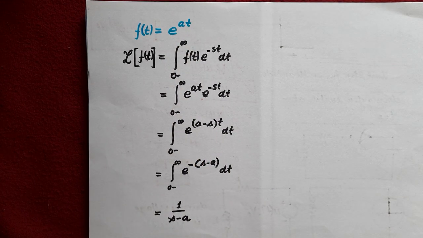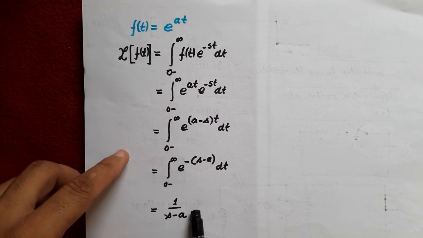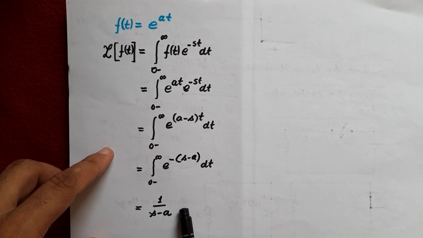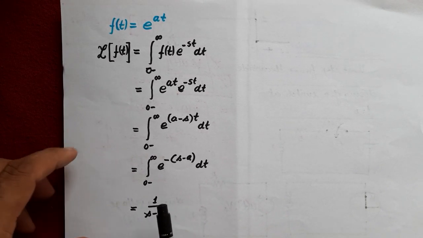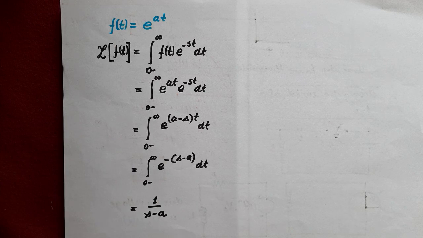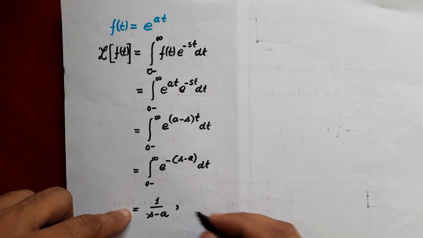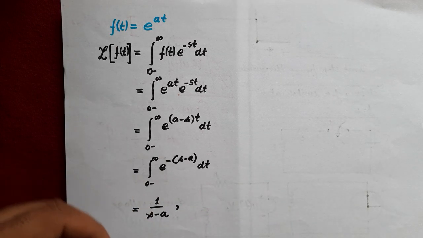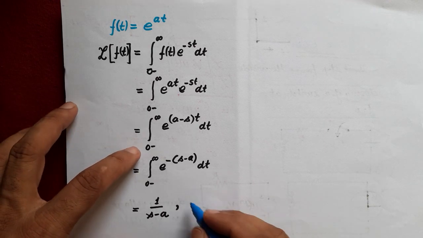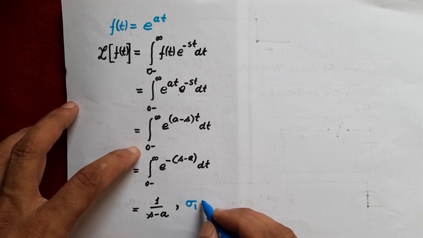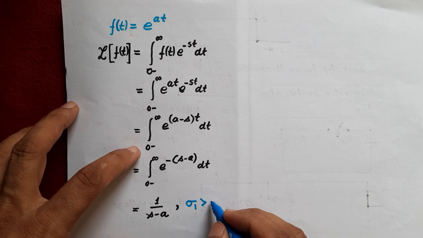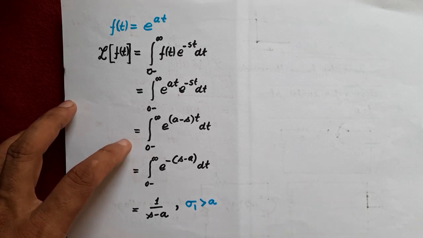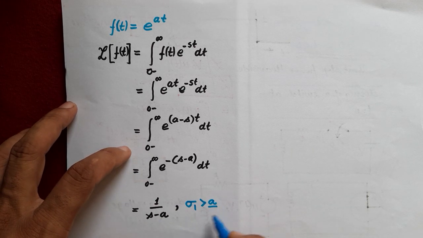But there is one condition on this result, and that is that sigma 1 should be greater than a. What is this a? This a is this a.